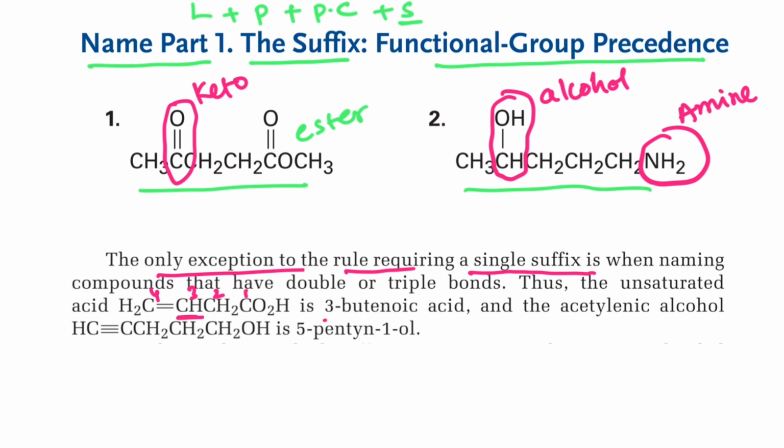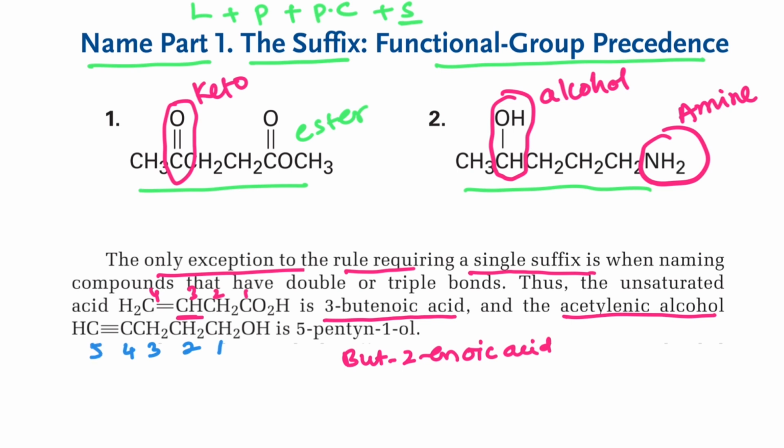Therefore, 3-butenoic acid. Otherwise, you can write but-2-enoic acid. And for the acetylenic alcohol, if you take the numbering system for this one, then we can write 1, 2, 3, 4, 5.